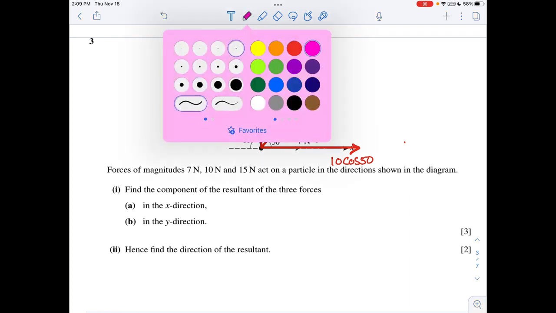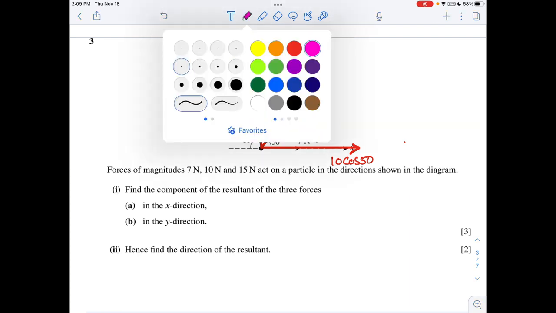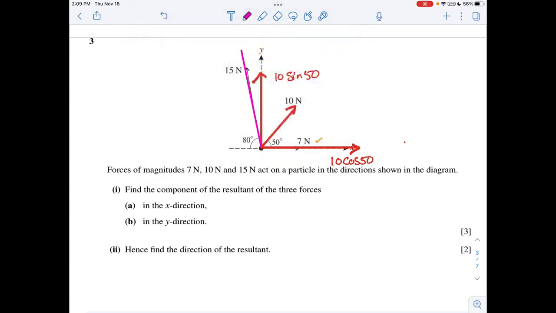Coming to 15 newtons, one component parallel and one perpendicular. Along the X direction it will be 15 cos 80 and along Y it will be 15 sin 80.